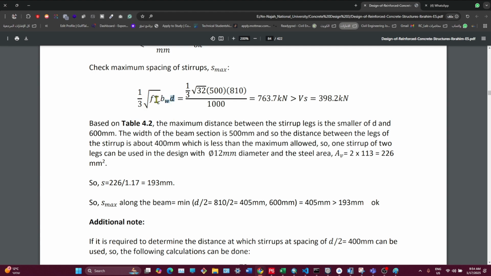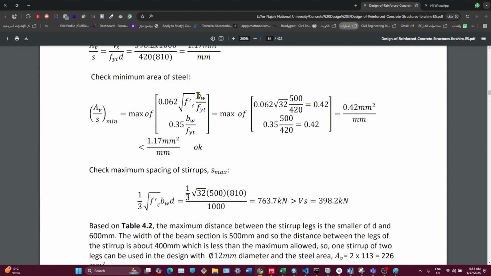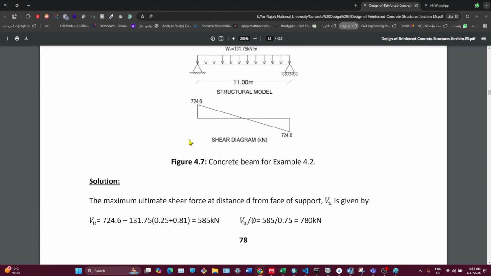Again, this maximum value depends on f prime c, b web, and d, I mean the section dimensions. If this value is less than the Vs, or the Vs is larger than it, then this means that the section is not enough, or not economic enough. So we need to increase the section dimension by the same concept as we faced here.